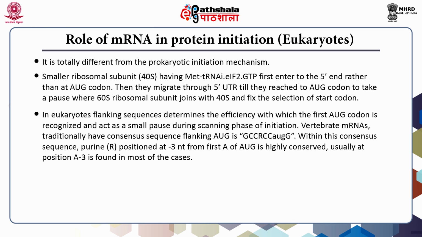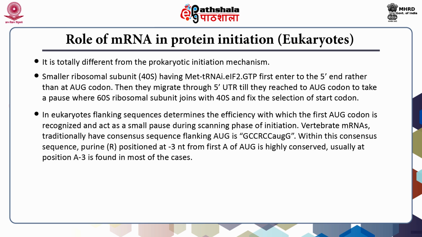Vertebrate mRNAs traditionally have a consensus sequence flanking AUG: GCC, RCC, AUG, G, 5' to 3'. Within this consensus sequence, the purine at position minus 3 and the G at position plus 4 from the first A of AUG are highly conserved.